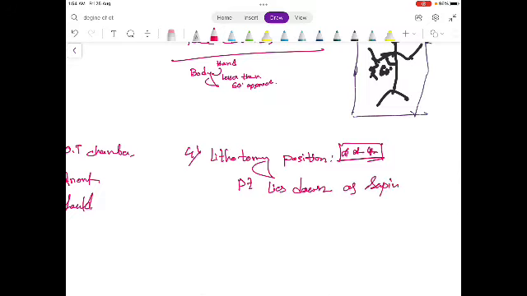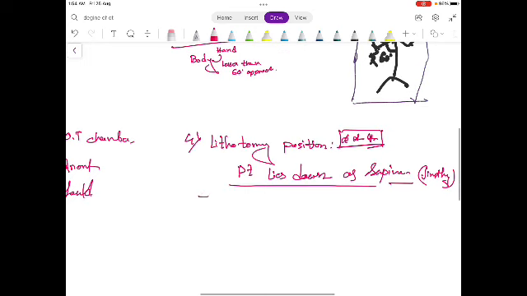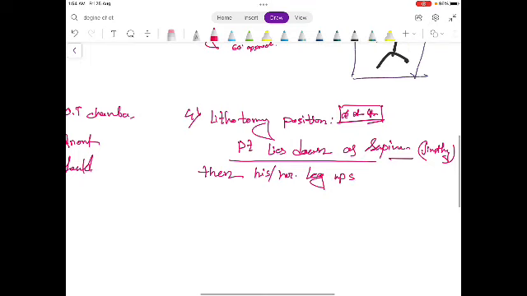The patient lies down as supine, firstly, right? Then his or her legs go up.